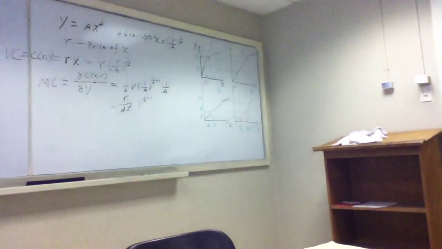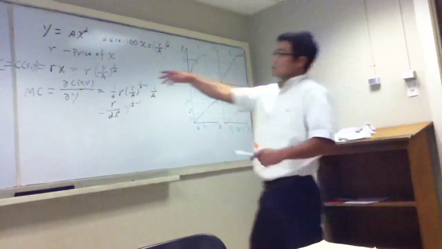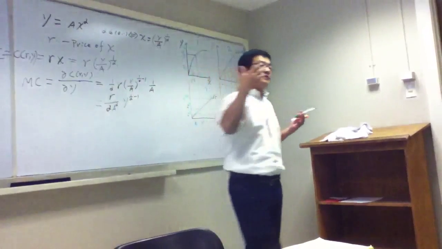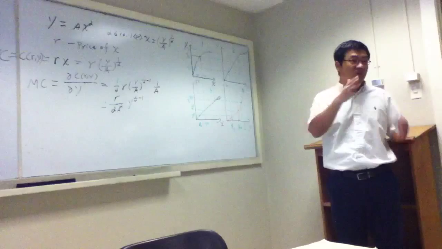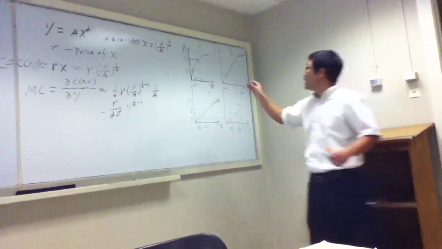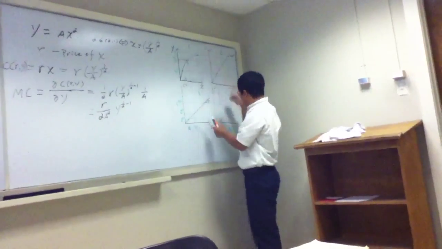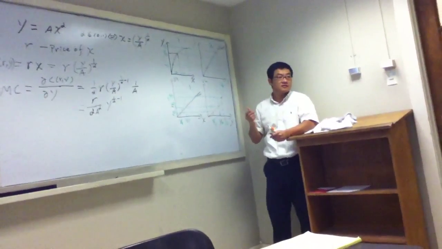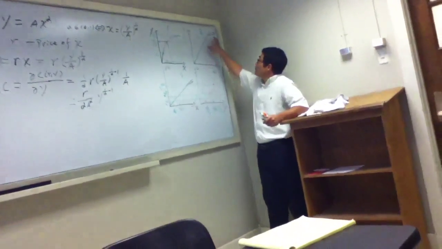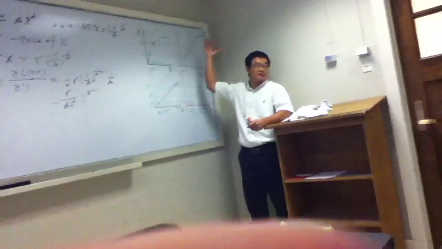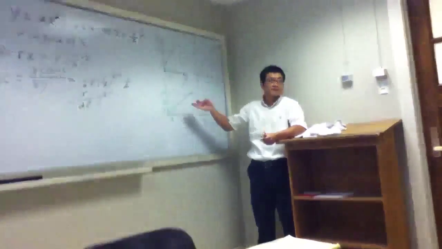Okay, what this exercise tells us is this cost function really depends on the shape of the production function. There's a one-to-one correspondence. If you change the shape of the production function, this variable cost function is going to change. Because the 45-degree line is given, you cannot change that. This r is taken as given. The rate of this linear line is given.